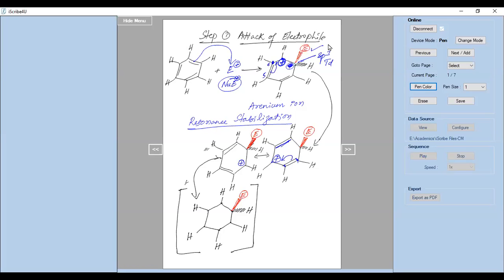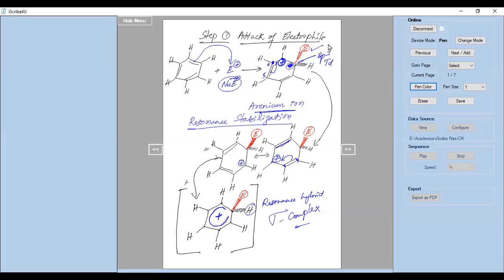Finally, a resonance hybrid is formed. We write that resonance hybrid as a positively charged species. This is a resonance hybrid, and it is also called arenium ion or carbocation, and it is also called sigma complex.